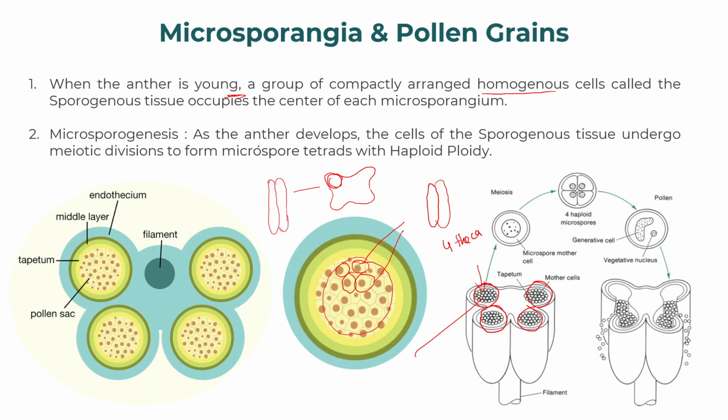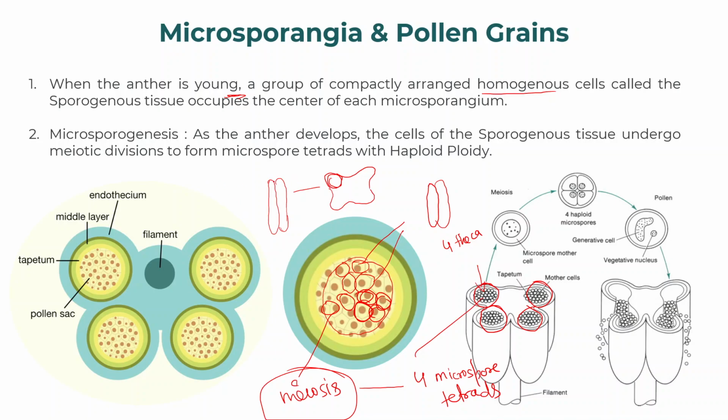Now, as the anther develops and matures, all these sporogenous tissue cells will undergo meiosis, and they will meiotically divide into four microspores.